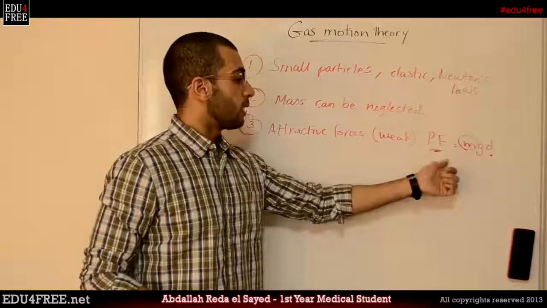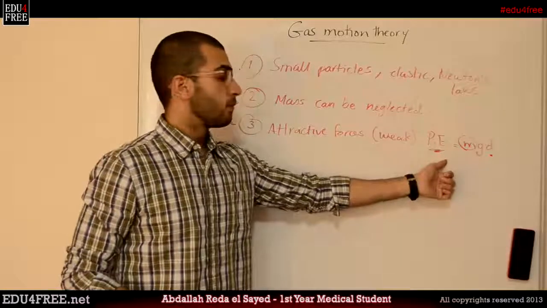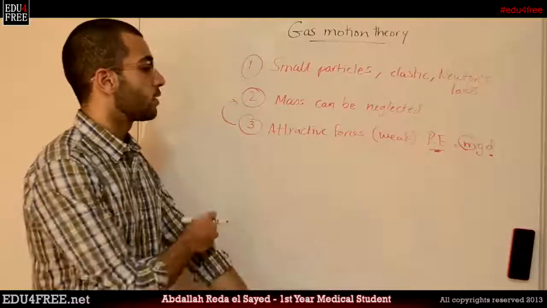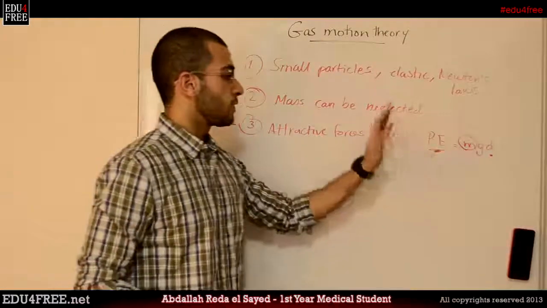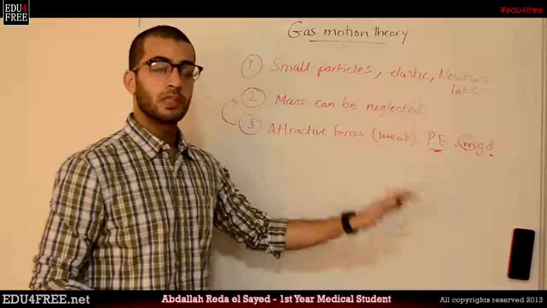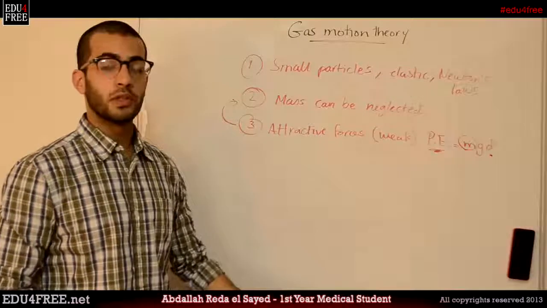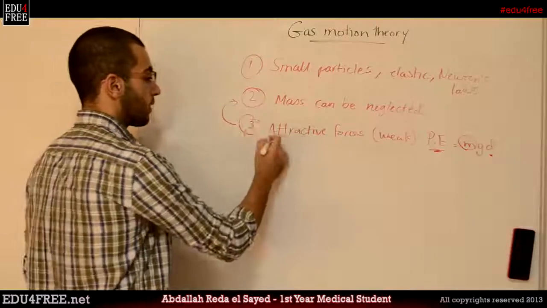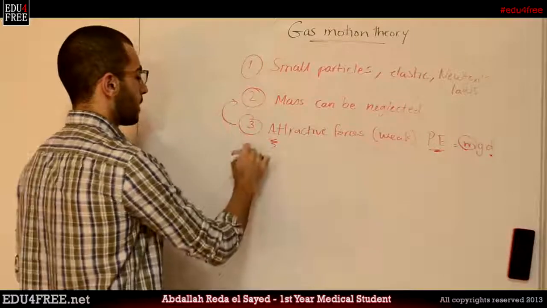So basically, whatever type of gas, like oxygen, carbon dioxide, hydrogen, or whatever, if it's found in the same container with the same volume, then it will contain the same number of molecules. This is a very, very important point.